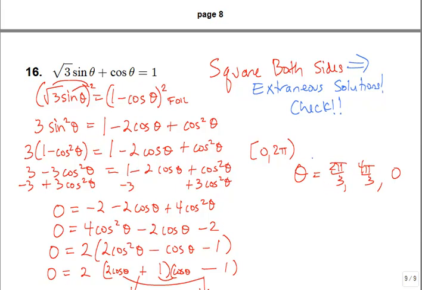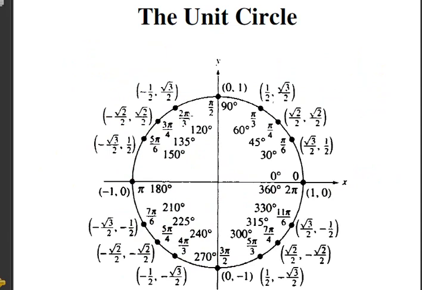So we want to go back to our original equation, always go back to the original one, and we're going to substitute in each of these three values and see if they really work. So let's try 2 pi over 3 first. We're going to get square root of 3 times the sine of 2 pi over 3. Now remember, sine of 2 pi over 3, that's this y coordinate, so that's square root of 3 over 2.